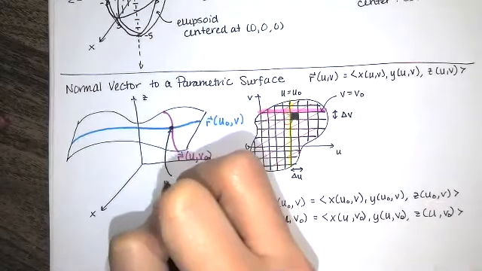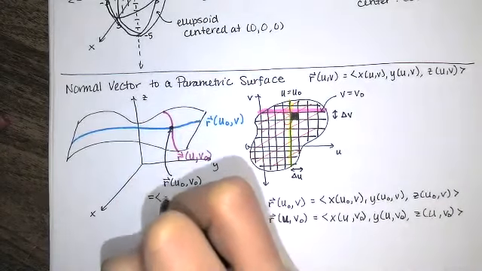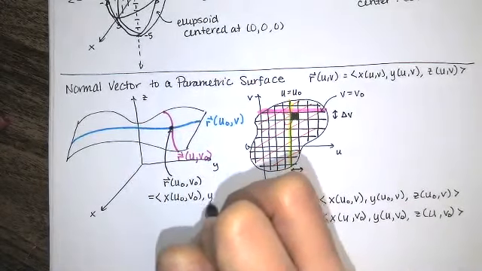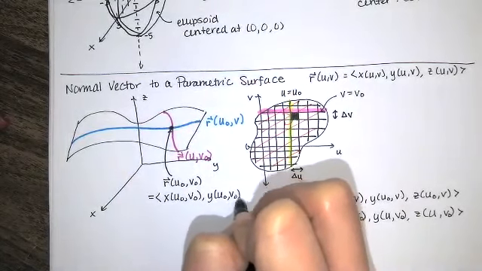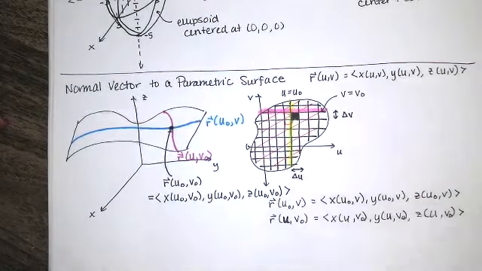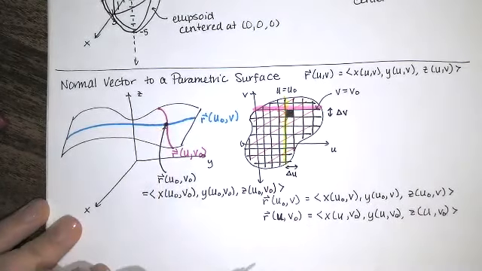That point there is r of u naught and v naught. So it has coordinates x of u naught and v naught, y of u naught and v naught, and z of u naught and v naught. So you've got that point right there.